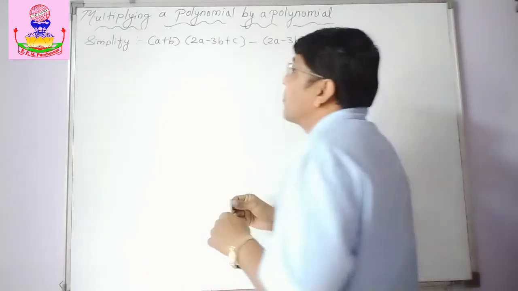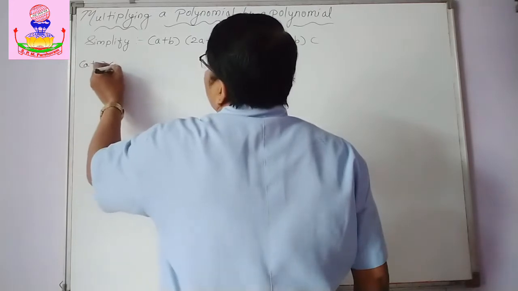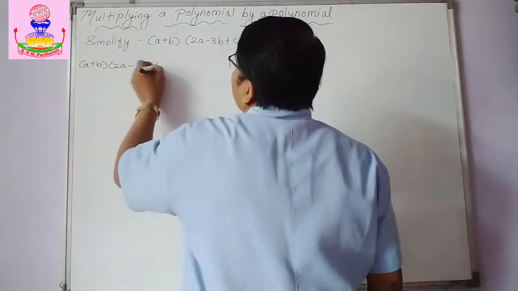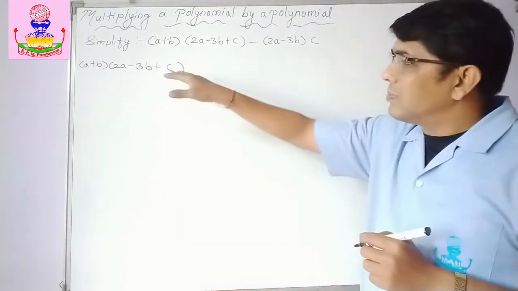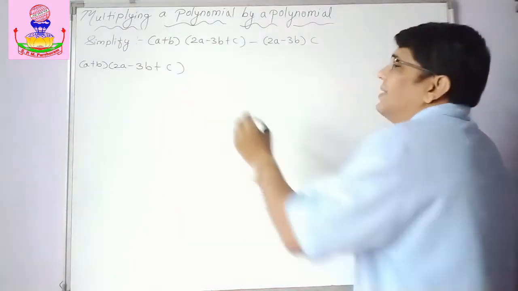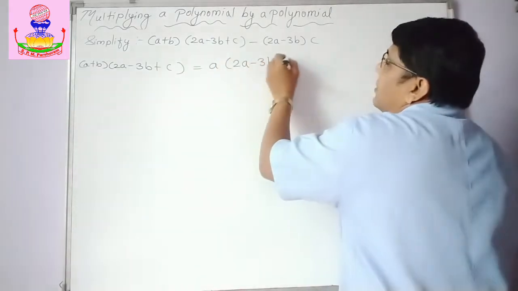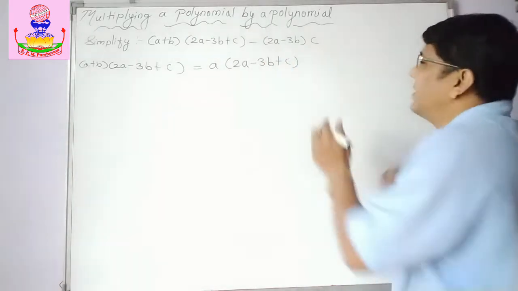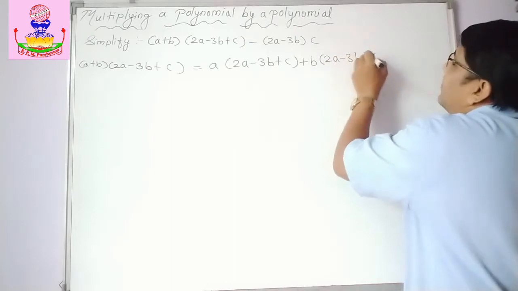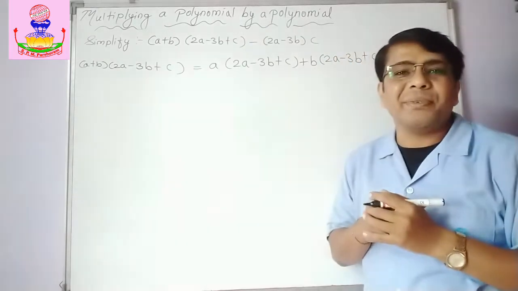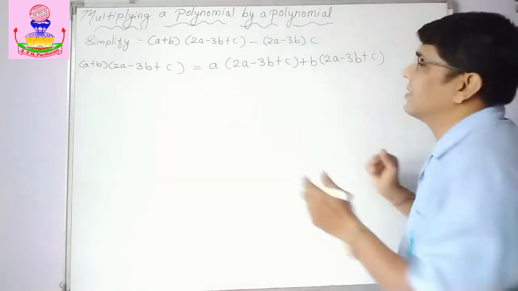Okay, so a plus b into 2a minus 3b plus c. Okay, now we know what to do. A into bracket 2a minus 3b plus c. Okay, plus b into bracket 2a minus 3b plus c. Law of distributivity. Okay, so monomial by trinomial multiplication.